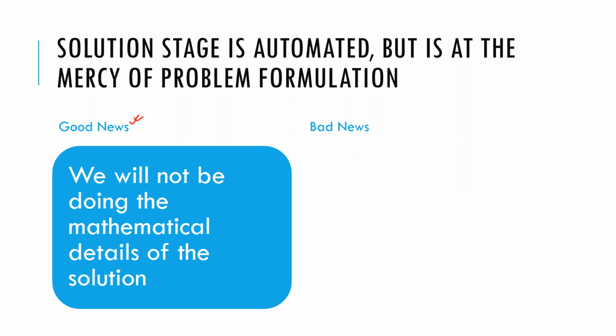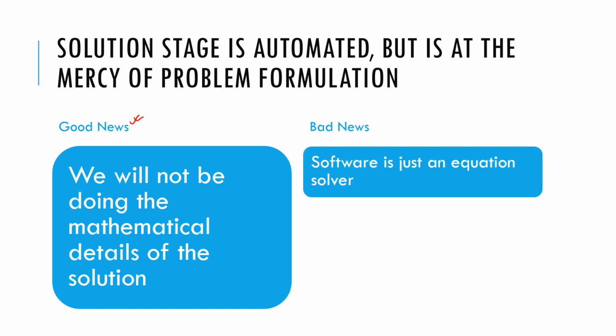But there is also the bad news. And the first one I want to share is we have to remember that the software is just an equation solver. It has nothing to do with the particular physics, the physical problem that you are trying to solve. It doesn't know the physical problems.